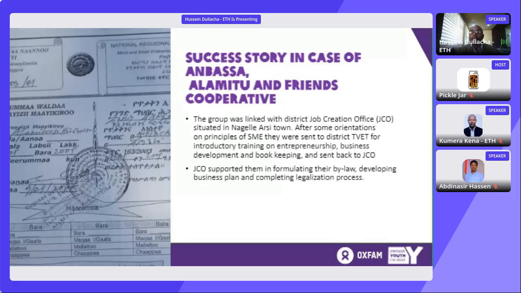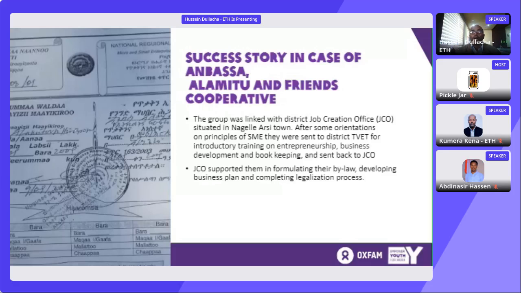And at the same time, they were getting expert support from the mentioned offices like TVET, Job Creation Office, and even the microfinance institution, because the business plan is basic for knowing the nature of their business, the feasibility, and how the group can be together.